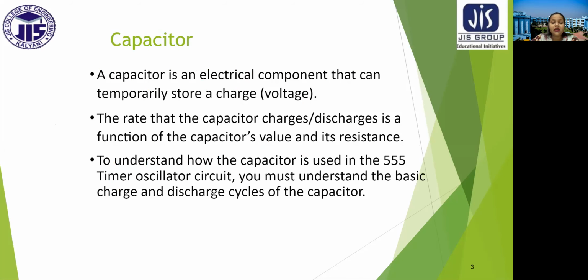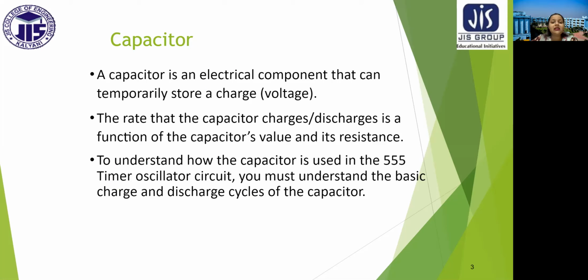Now the capacitor in this particular circuit is a very important device. Why? Because the charging and discharging of this particular capacitor will actually exhibit the pulses. We will see that later in different modes, in astable multivibrator mode, monostable multivibrator mode, but just have a view before we go into depth.